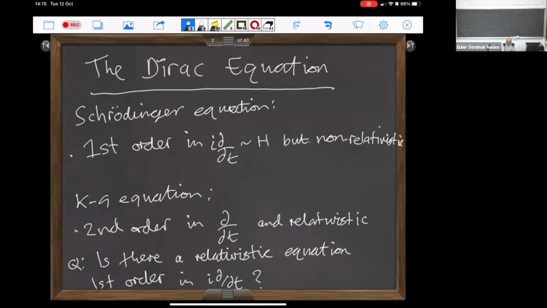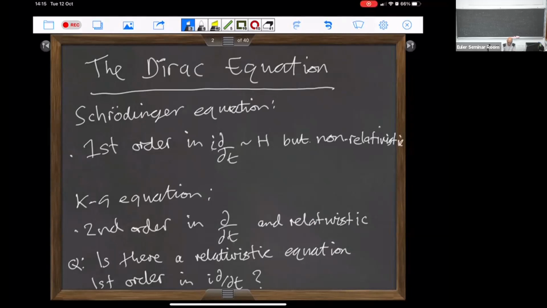So the Dirac equation, I'll begin with some motivation. The Schrodinger equation, if you remember, is first order in the time derivatives or Hamiltonian, but non-relativistic. The Klein-Gordon equation is second order in time derivatives, and therefore also of the Hamiltonian, but relativistic. And so one of the things Dirac was interested in is: is there a relativistic equation which is first order in the Hamiltonian?